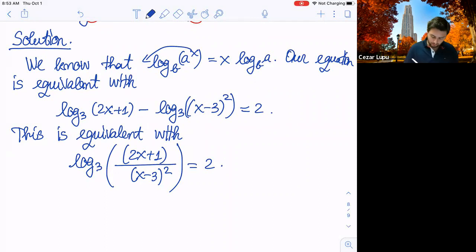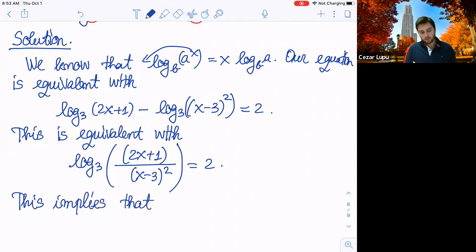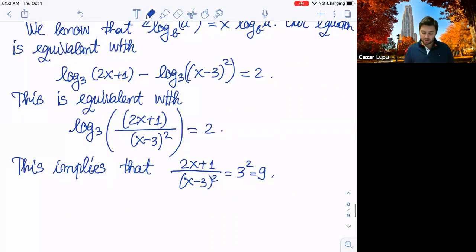So this implies that (2x plus 1) over (x minus 3), everything squared, is nothing else than just 3 squared, which is 9. And now let's do some computations here. So we have the following: 2x plus 1 is the same as 9 times (x minus 3) squared.